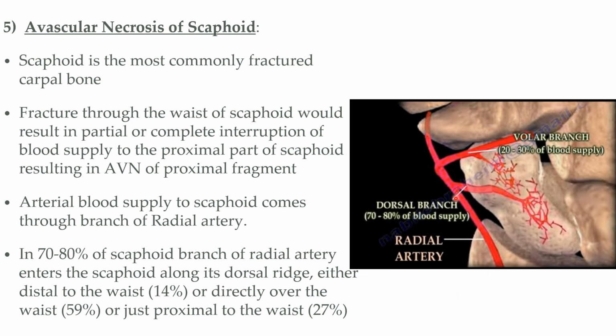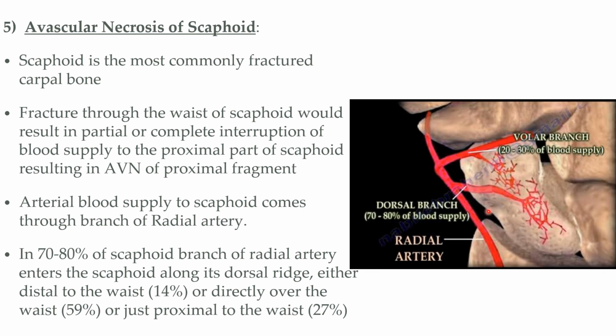The branch of the radial artery which provides arterial blood supply to the scaphoid enters the scaphoid from the distal side and then progresses proximally. This is the waist of the scaphoid, which is the narrowest part, and fracture of the scaphoid commonly occurs through the waist.